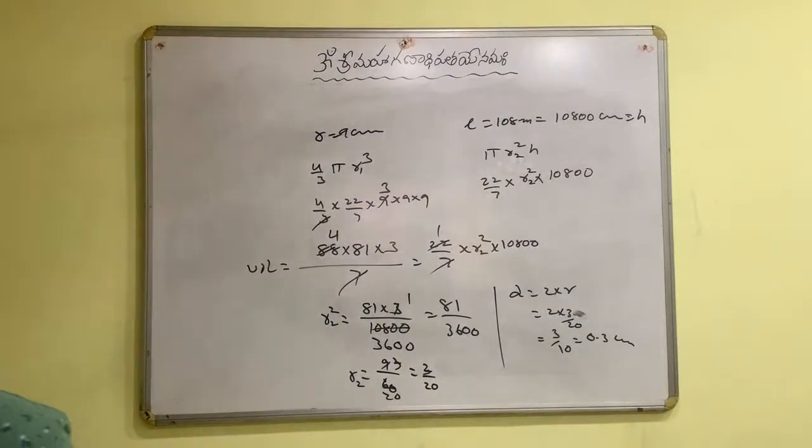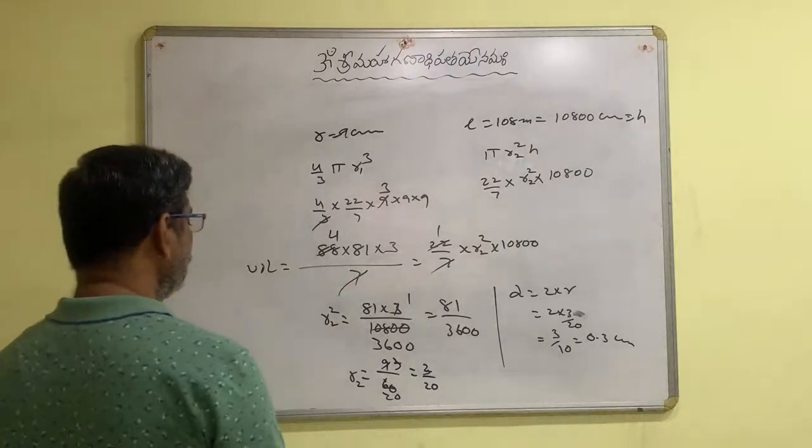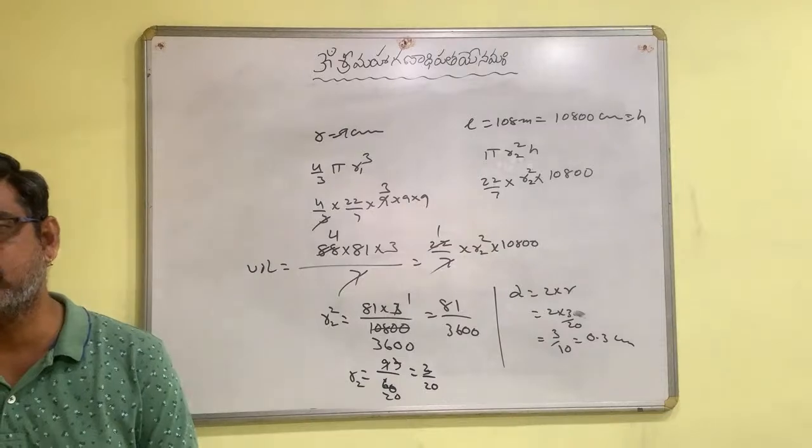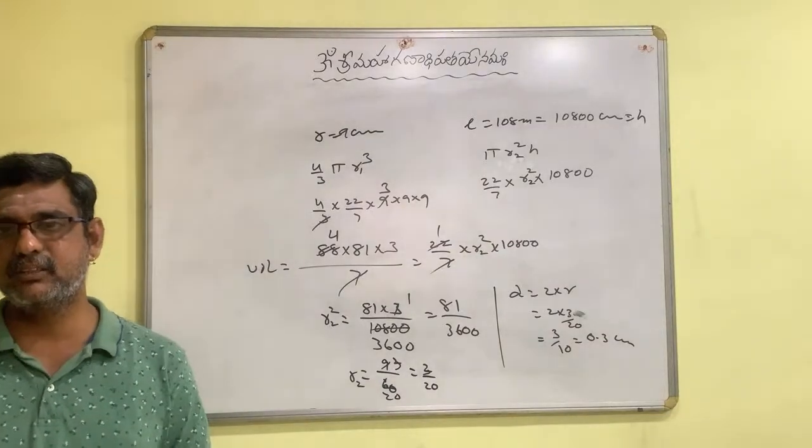You don't have 0.0225. Radius is 3 by 20. Then diameter is twice the radius, 2 into 3 by 20, 0.3.